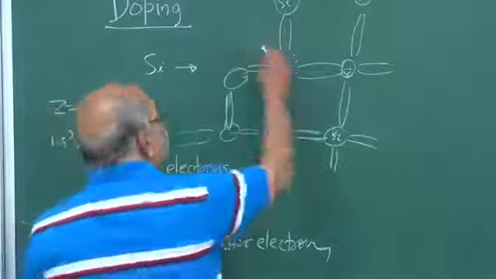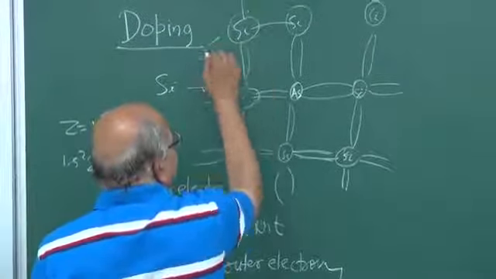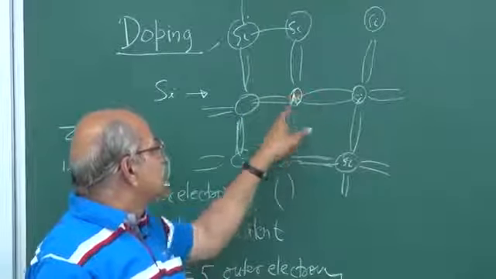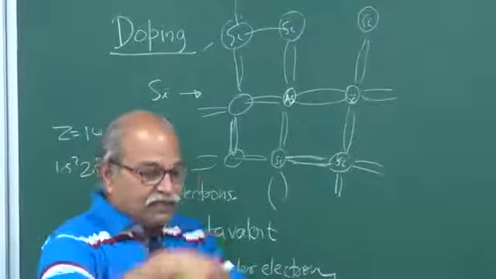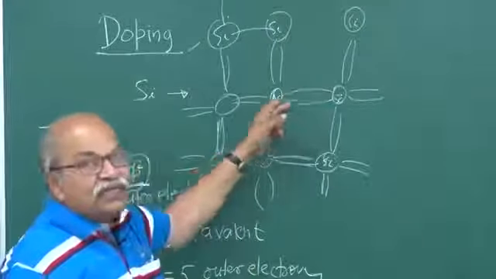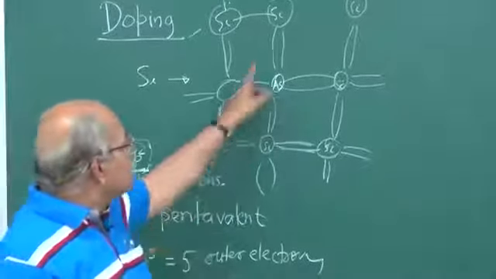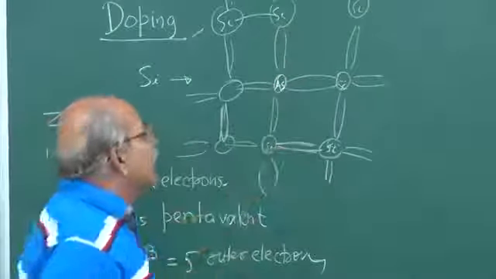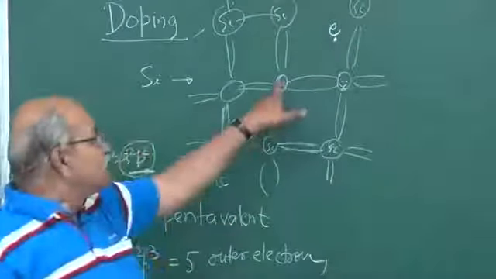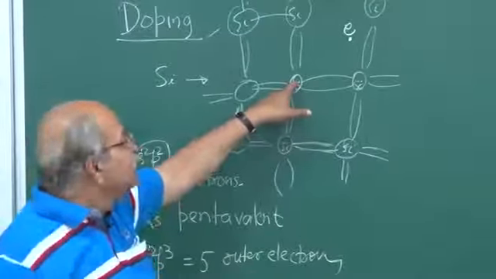This arsenic is also bonded to the 4 neighbors in that tetrahedral structure, and 4 of these outer electrons are consumed in that, but the 5th one, the extra electron, cannot go in this bonding. Let's say it is somewhere here. It's still bonded to this atom, still going around, if you think in that manner.